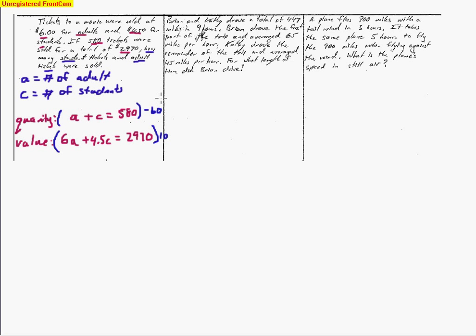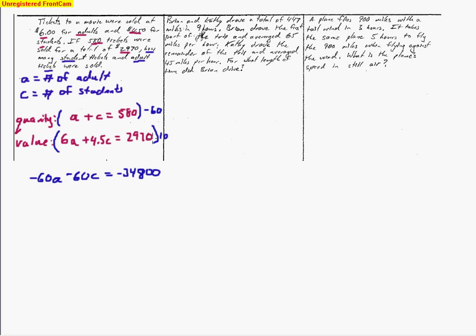So it's going to be negative 60A minus 60C equals negative 34,800. That's what we end up getting there.